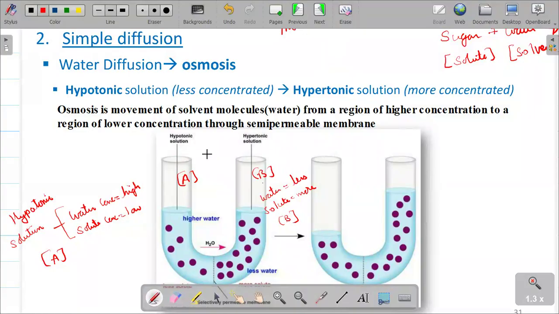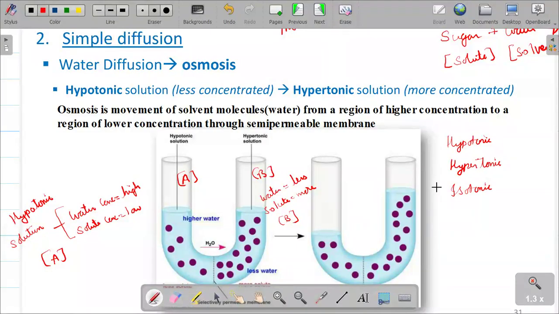So there are three types of solution to be discussed in osmosis: hypotonic solution, hypertonic solution, and isotonic solution.